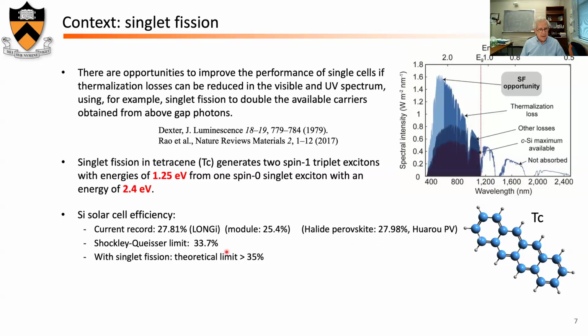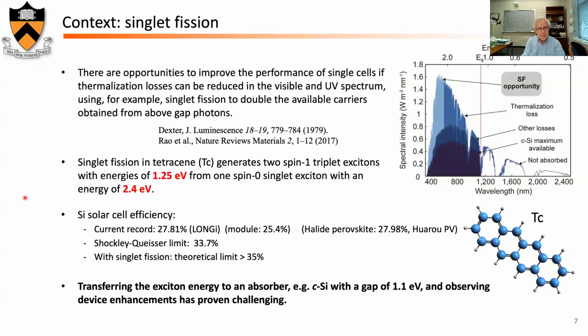Very competitive. The Shockley-Queisser limit for silicon is 33.7%, and the theoretical limit with a really efficient singlet fission process for silicon would bring it to an efficiency over 35%. So this is very significant, and therefore there is very much interest in the process.